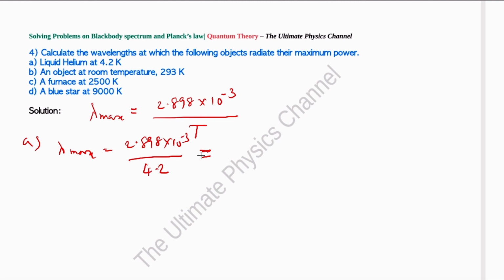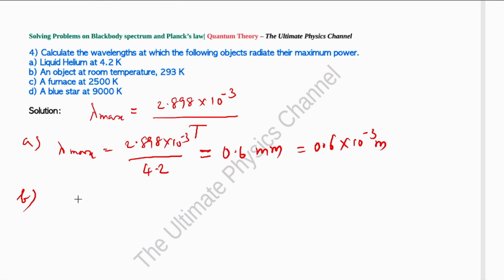The value of the wavelength you would find out to be about 0.6 into 10 power minus 3 meters, or 0.6 millimeter. Of course, we can express this as 0.6 into 10 power minus 3 meters as well. Okay, the next one is an object at room temperature, which is 293 Kelvin.